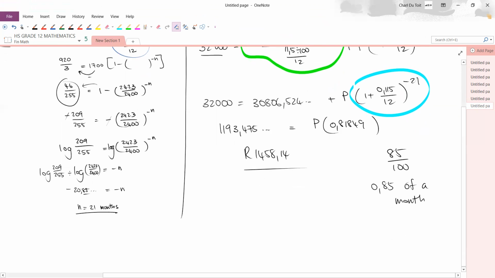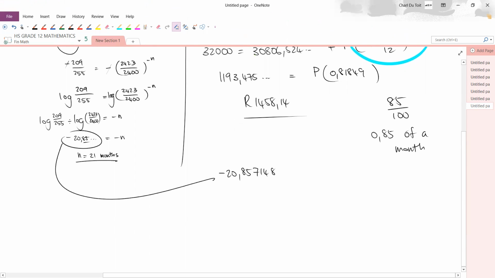So basically what I did, this negative 20, this was negative 20.85 whatever, 0.857148. So I just did 0.857148 of 1,700 Rand, and I was 1 Rand out. 1457.14.